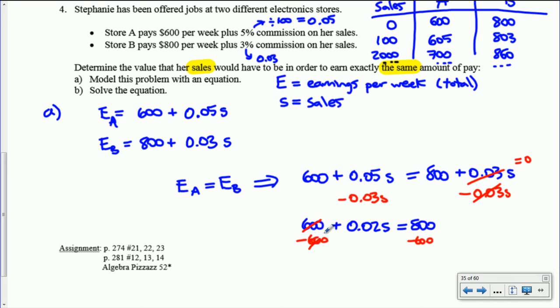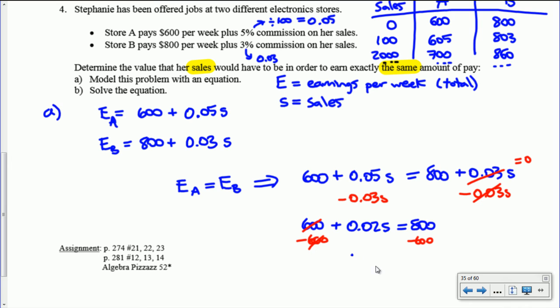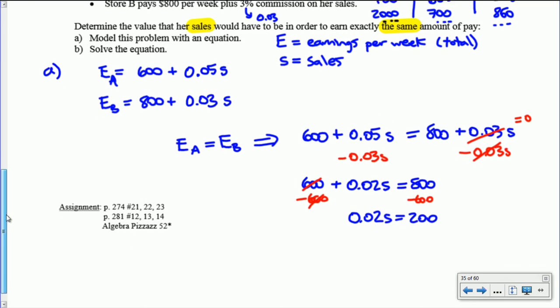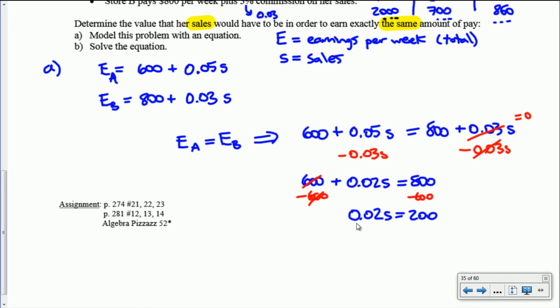600 minus itself is 0. 600 subtracted from 800 is 200. So I have now 0.02S equals 200. And I need to get rid of the 0.02 from both sides.